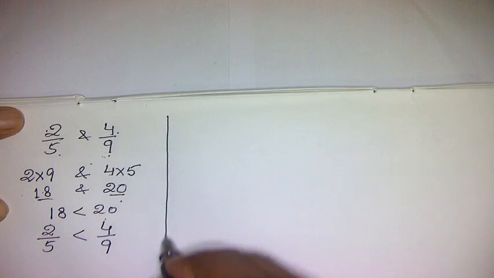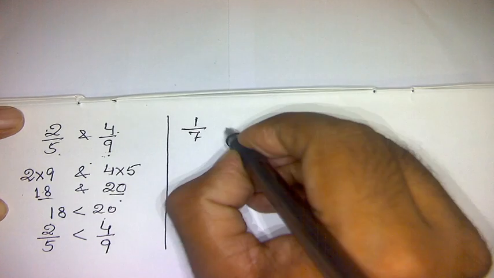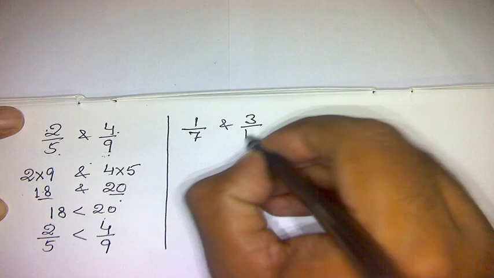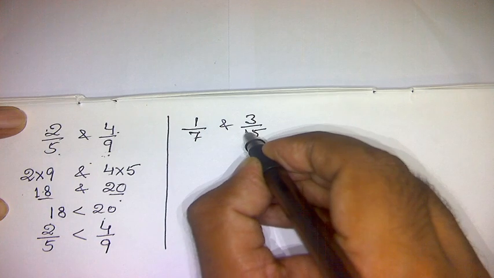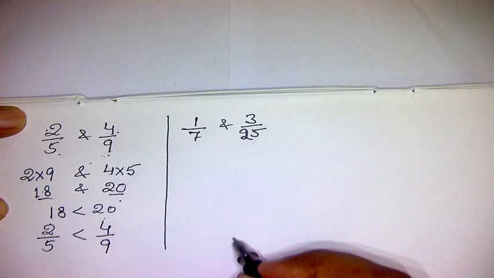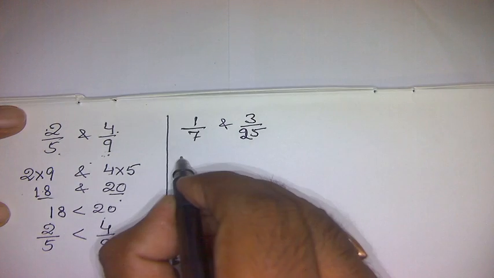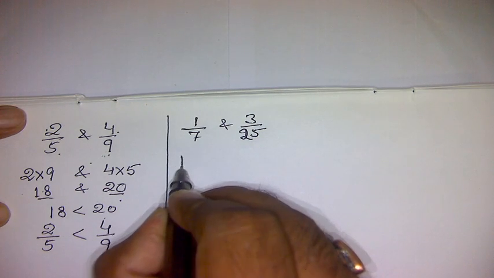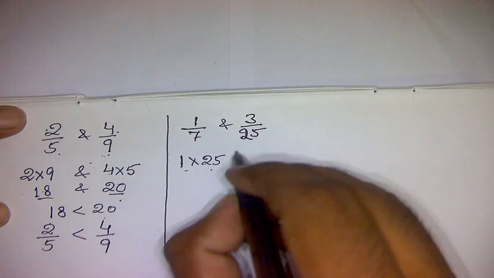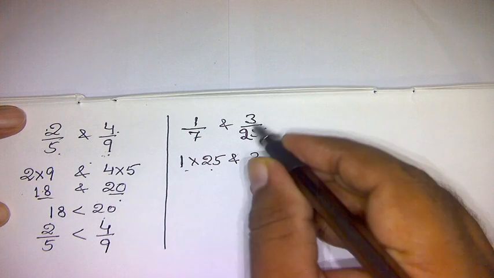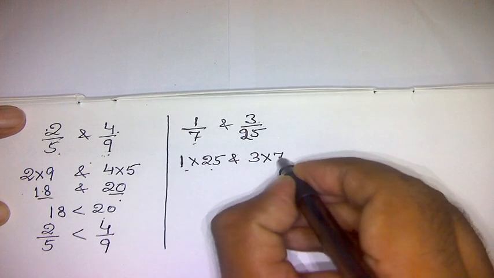Let us have one more example. Say you have 1 upon 7 and 3 upon 15, and rather than 3 upon 15, let it be 3 upon 25. Now here compare in the same way. We will multiply the numerator of the first by the denominator of the second, that is 1 multiplied by 25, and the numerator of the second by the denominator of the first, 3 multiplied by 7.